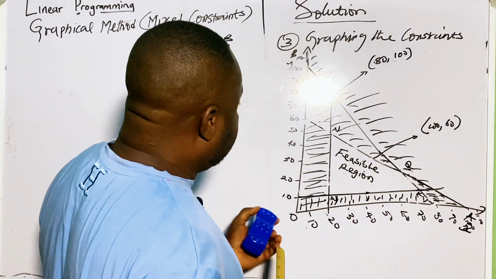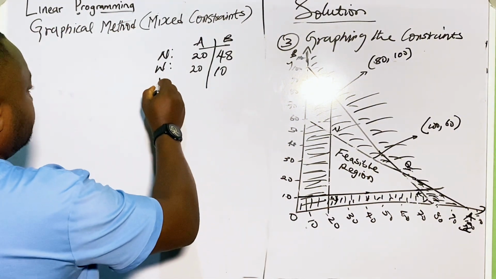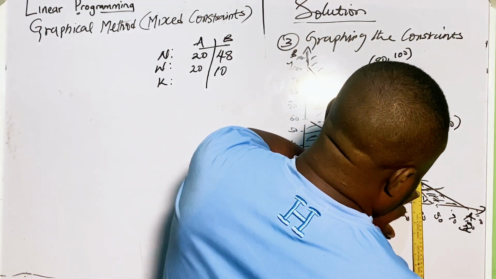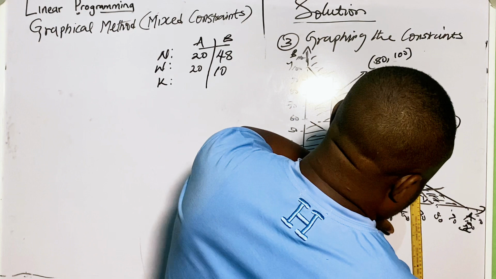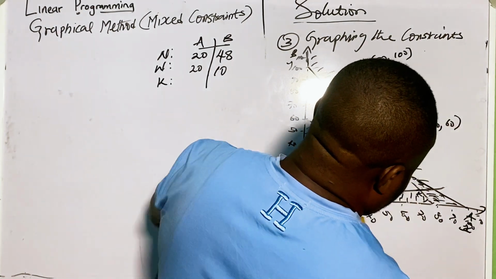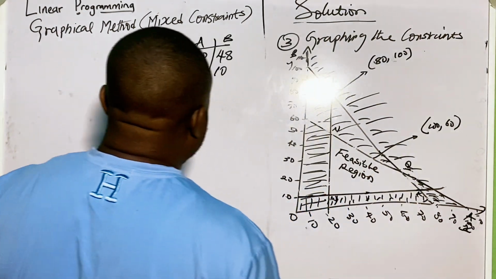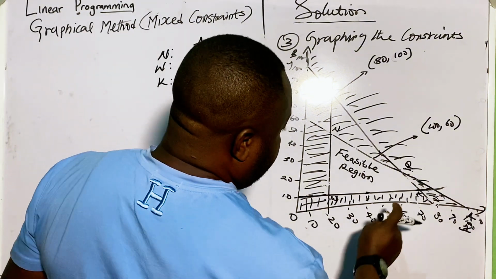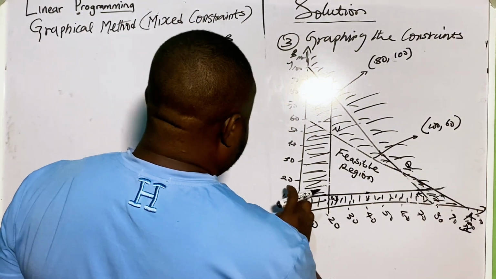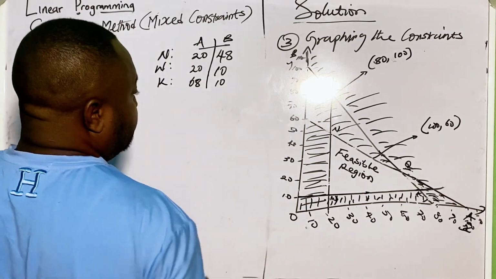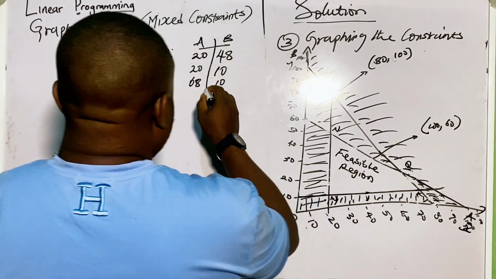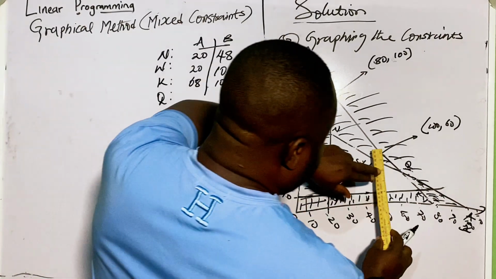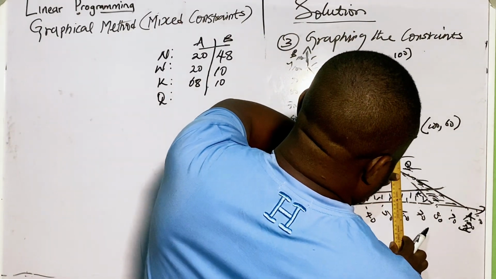Then at point K, let's take A to be 68. Of course, B is 10. Then at point Q, we can measure this, read it off.